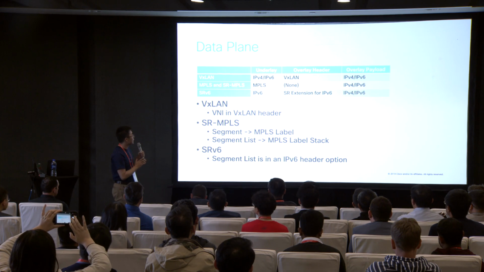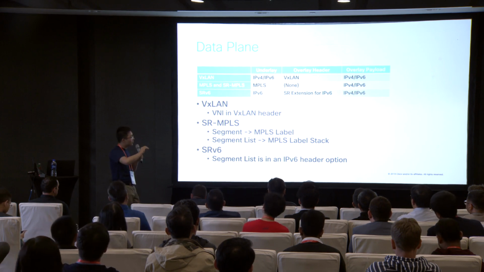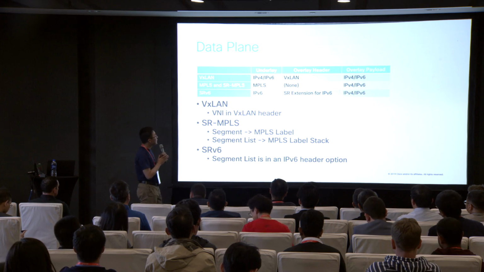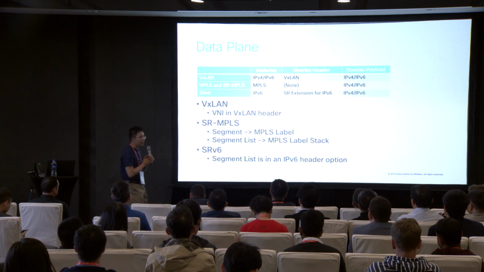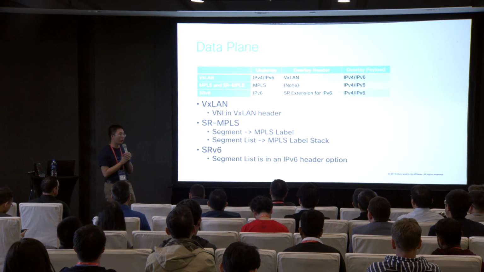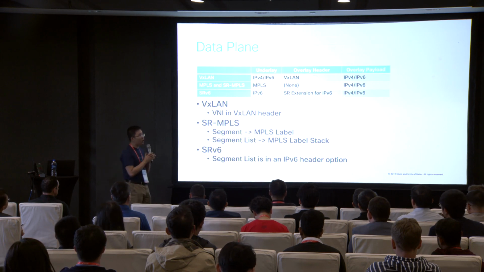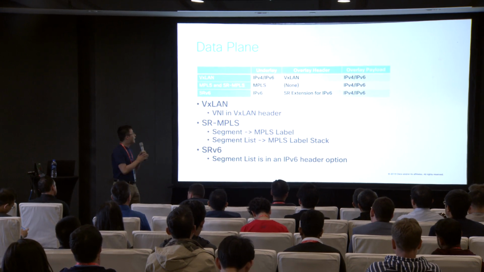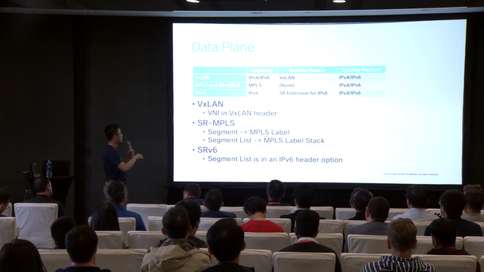And for SRv6, I would explain a little more. SRv6 is segment routing over IPv6, so the underlay has to be IPv6. That's the prerequisite. But how does the overlay work? In IPv6, we have something called the SR extension. These are pure IPv6 packets, but we are inventing something with an extension, and we have a choice here.